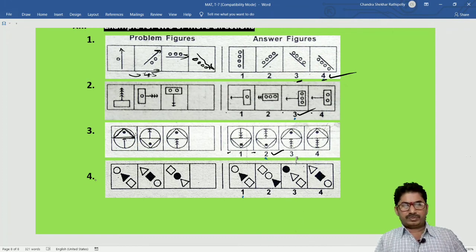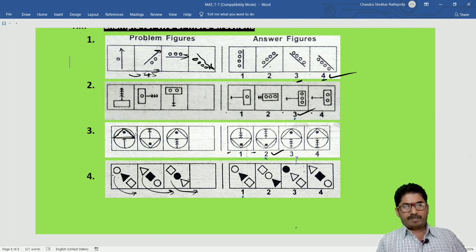Next, fourth question. Circle, triangle, square. In this, the circle went to back, next the triangle went to back, next figure, the square went back.